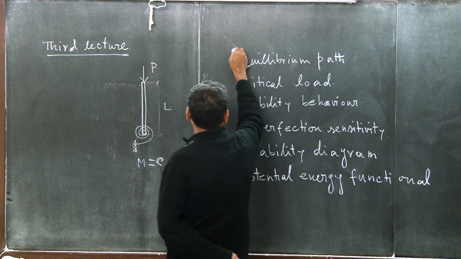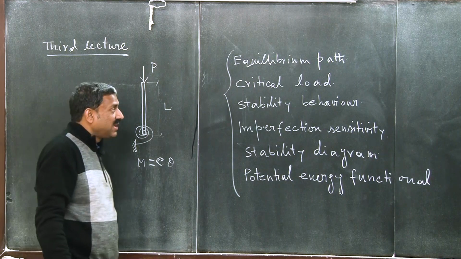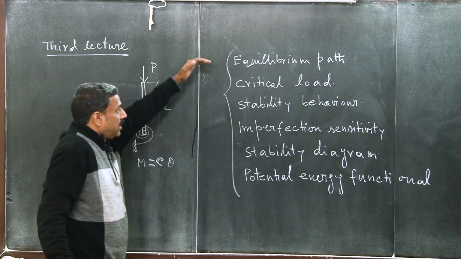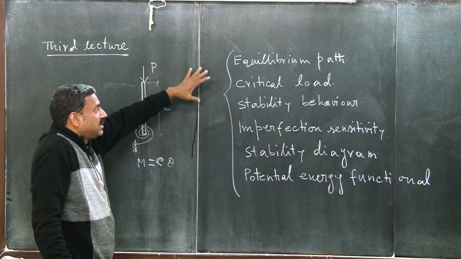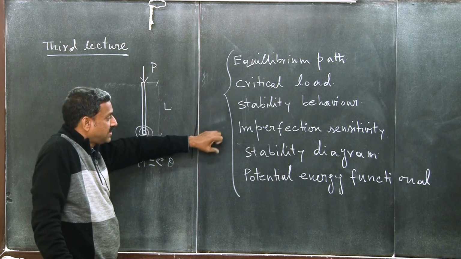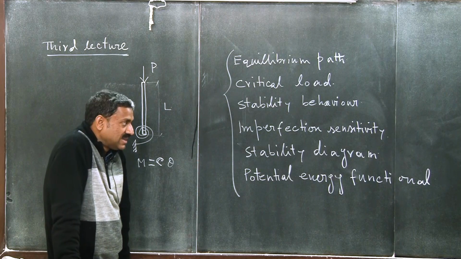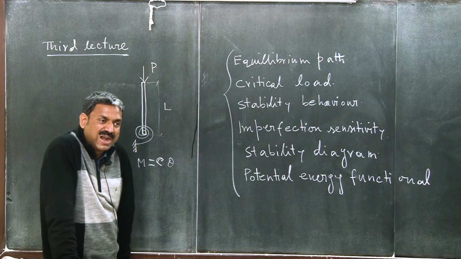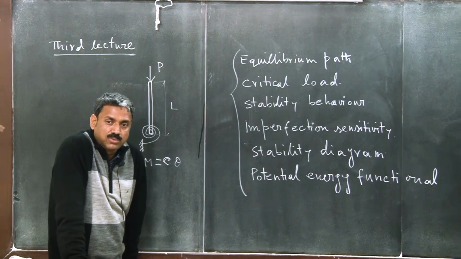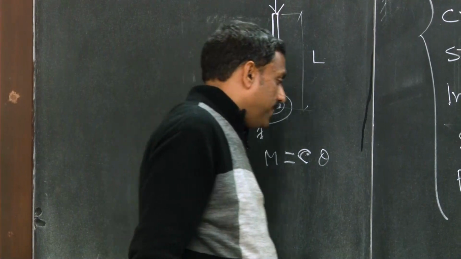Please see that all these are the things we must study, and then their behavior. First we obtain the equilibrium path, then find the critical load, then the stability behavior, imperfection sensitivity, stability diagram, and potential energy. We will look at the nature of the potential energy functional and how we can comment on the behavior of the system without going into detailed analysis. Clear? Okay.